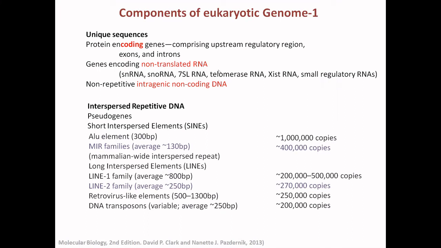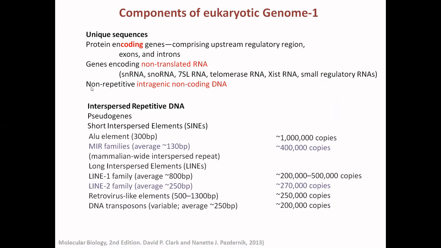Those are RNAs that do not contain the sequence information of the protein, like small nuclear RNA, small nucleolar RNA, 7SL signal recognition particle RNA, telomerase RNA, X inactive specific transcript RNA, and small regulatory RNAs.